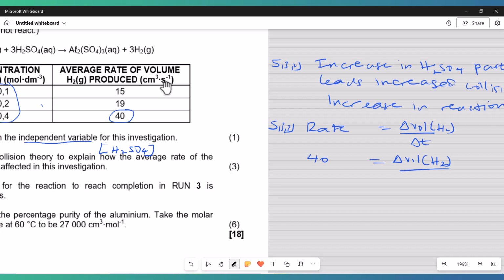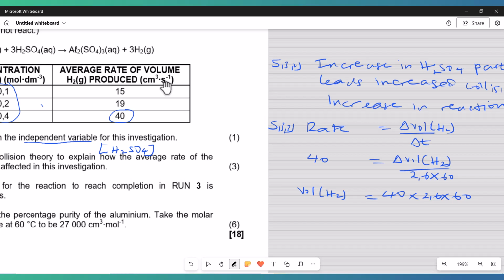I'm going to say 2.6 multiplied by 60, so I can put it in seconds. So my change in the volume, or my volume of hydrogen gas that was used in that run, is going to be 40 multiplied by 2.6, then times 60.